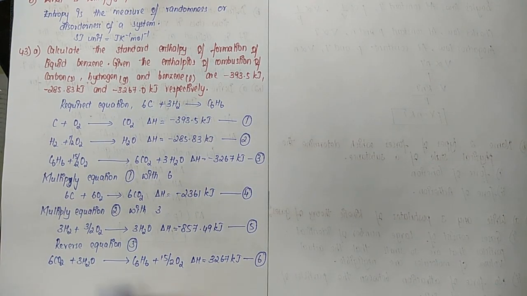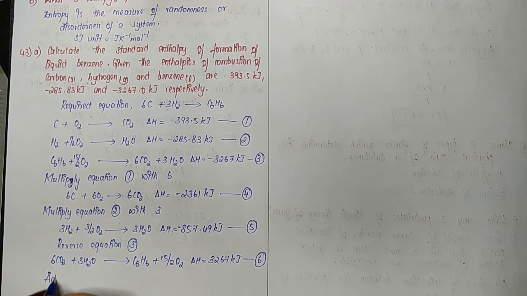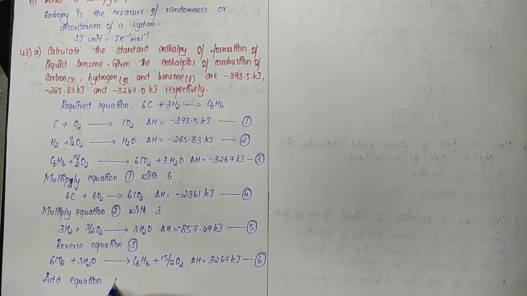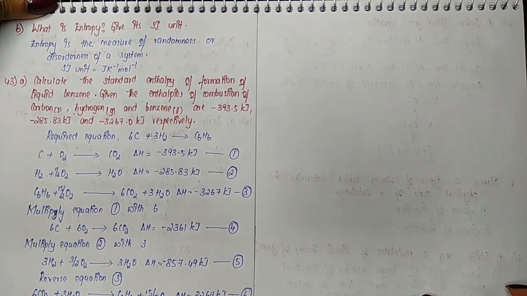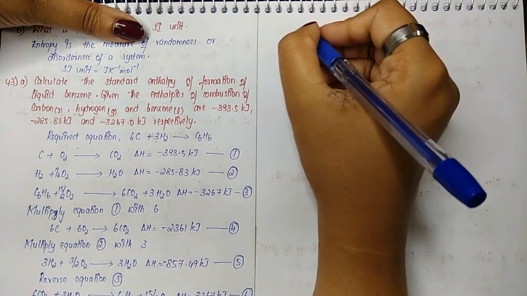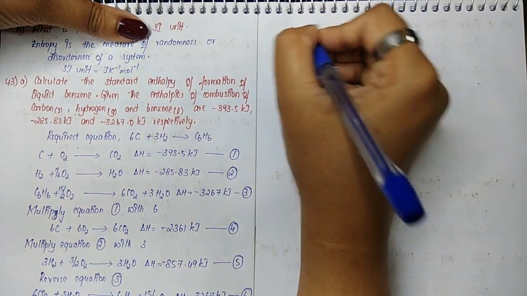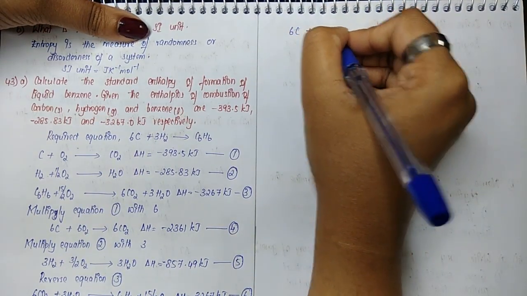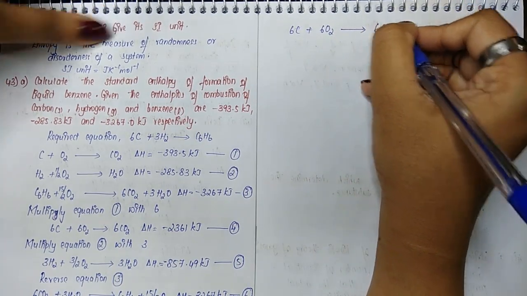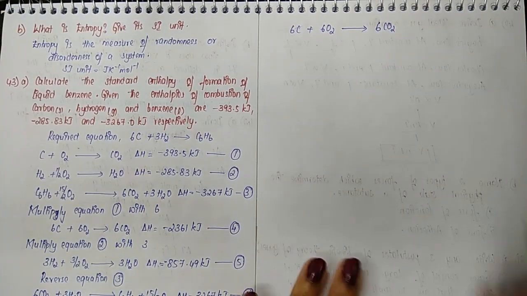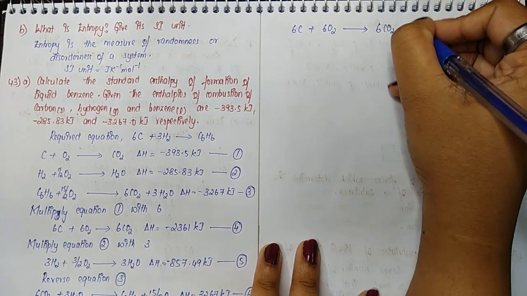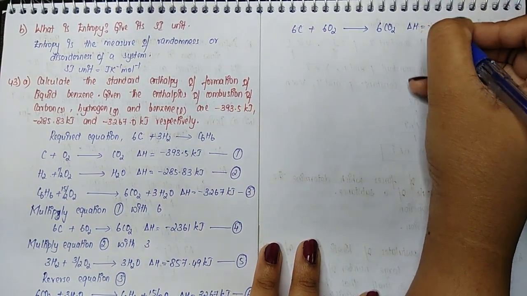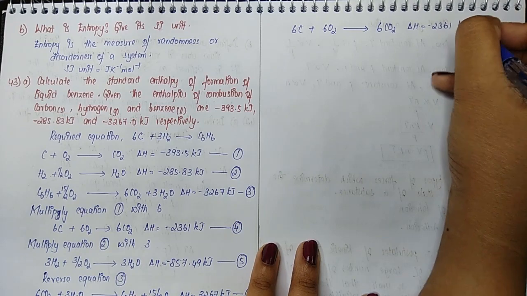Now what we're going to do is add equations 4, 5 and 6. Those are our new equations. So now when we add up, let's write down these equations here so our adding becomes easier. 6 carbon, 6 O2 giving 6 CO2, and its delta H value is equal to minus 2361 kilojoule.